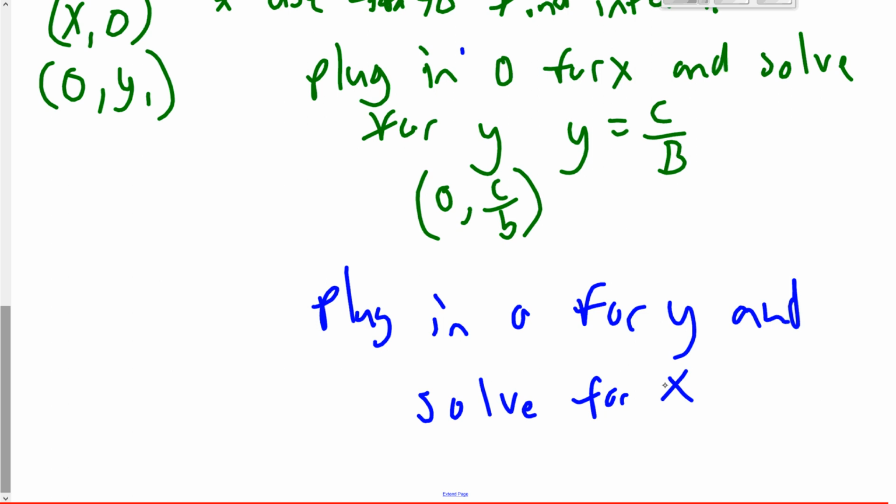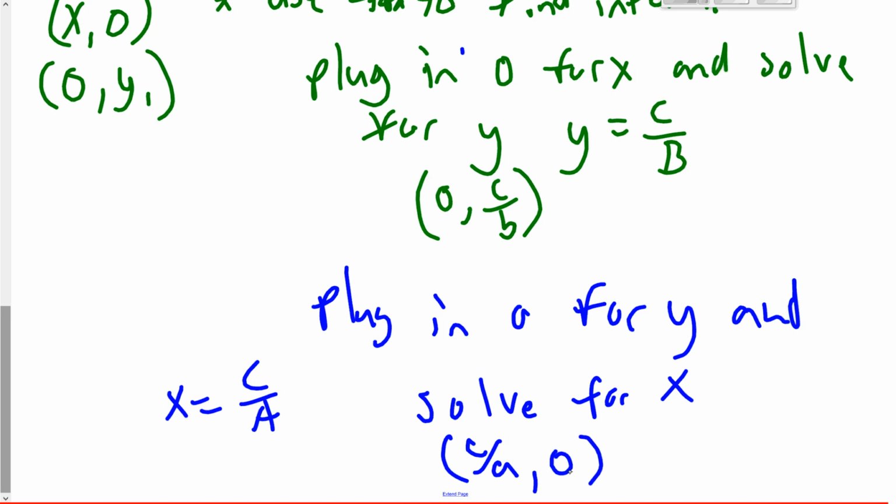But here it's nice to solve for x because all you have to do is plug in 0 for y, so that eliminates your b, and then you just have to divide by your a. So x would equal c over a, and that's all x would equal. So here's your point, c over a, comma 0. That would be your x-intercept.